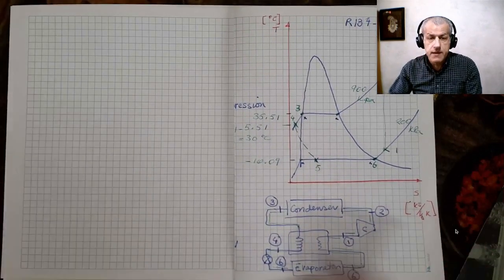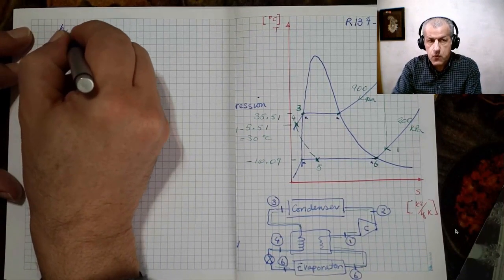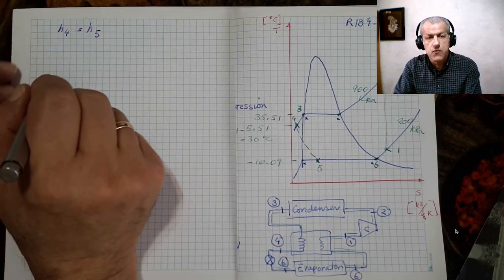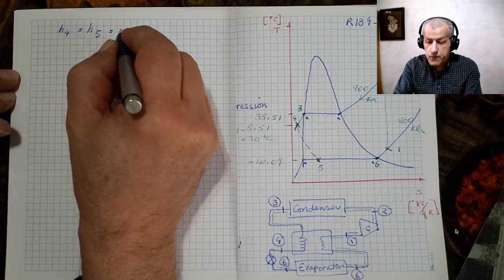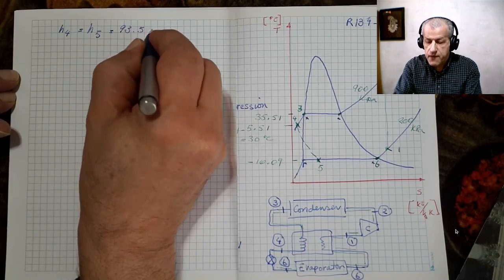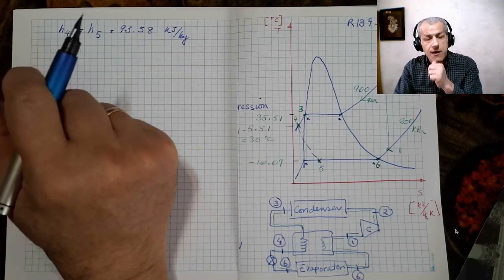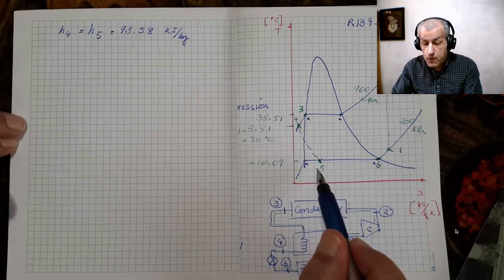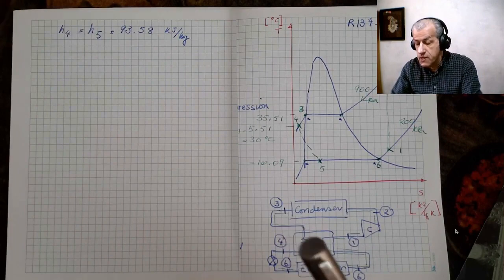And so we may write that H4 equals H5. And once we know that H4 and H5 are equal, we know H4 to be 93.58 kilojoule per kilogram, and therefore we may also know H5, which is another knowledge that we need here.